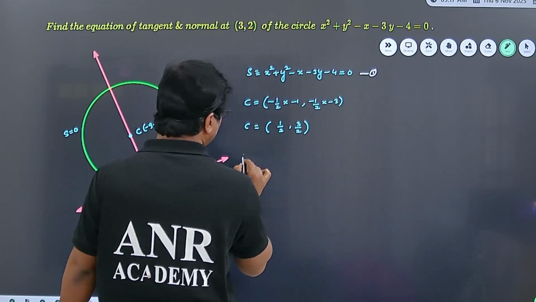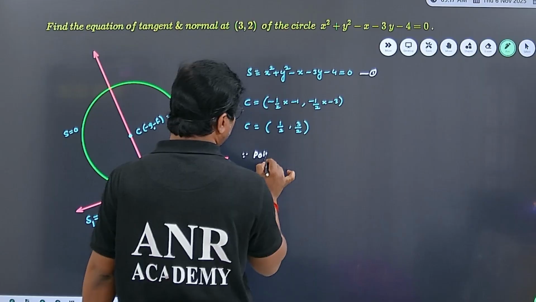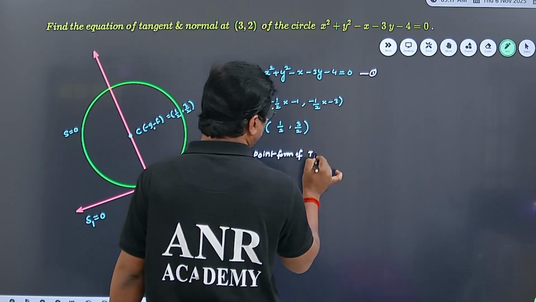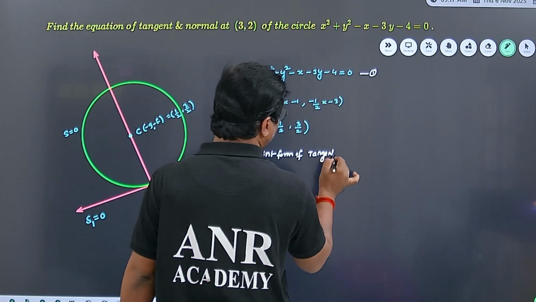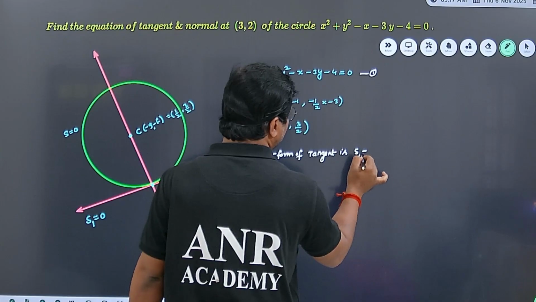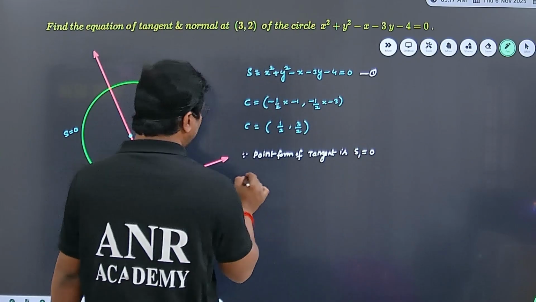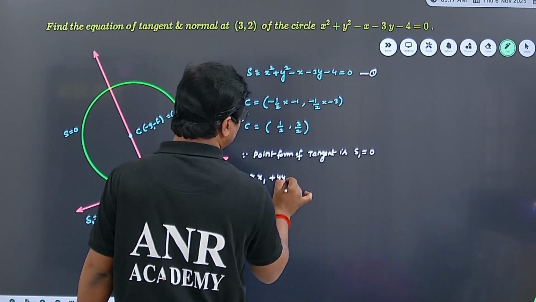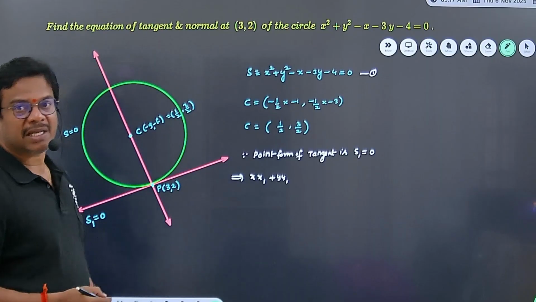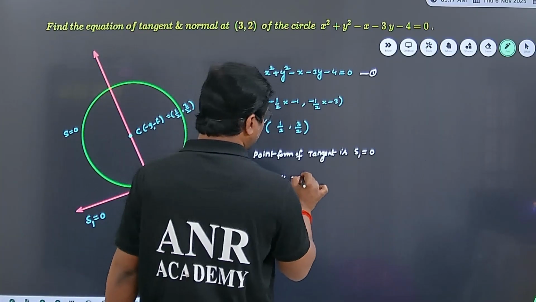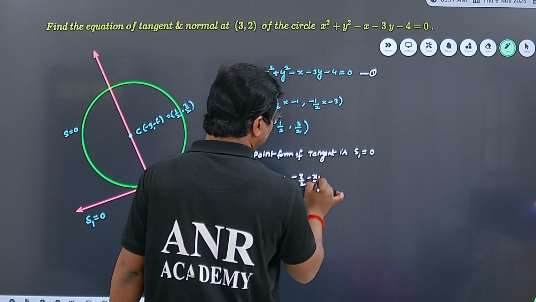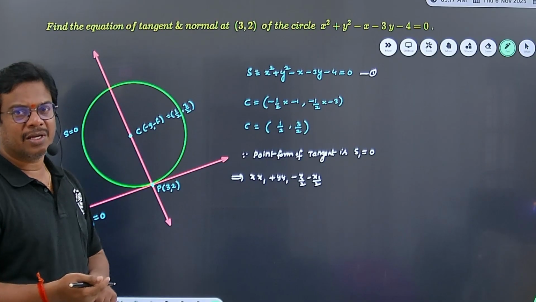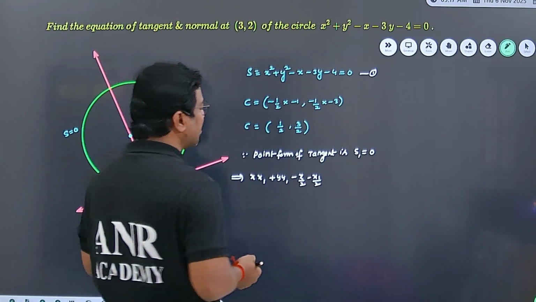I am going to write, since point form of tangent is S1 equal to 0, implies you can write x x1 plus y y1 minus x by 2 minus x1 by 2, half of minus x written as minus x by 2 minus x1 by 2, in which 1 x is replaced with x1.